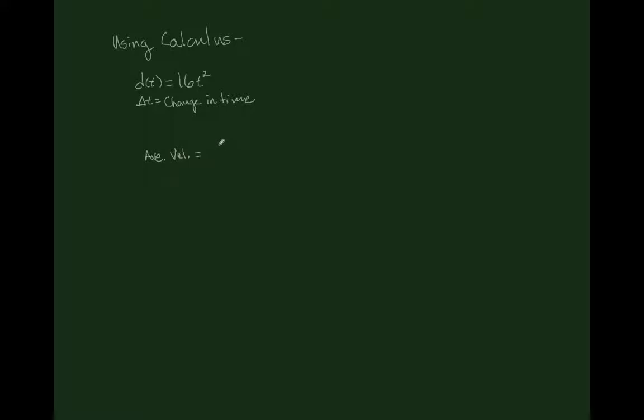The idea here is that we can think about this as the distance at time t plus delta t, minus the distance at time t, divided by the delta t we're talking about. Now, I'm going to be more specific here. This is, again, looking very abstract. I understand that.